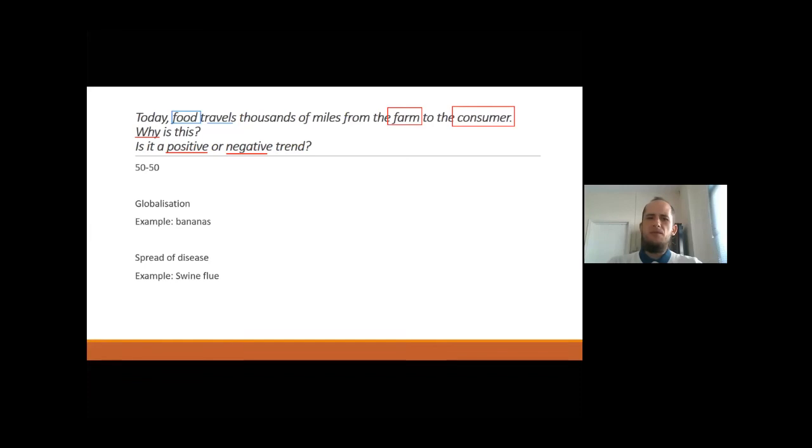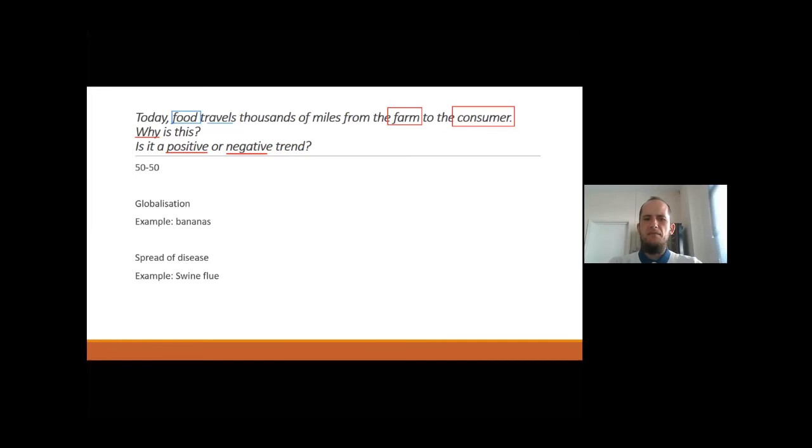So my example there would be the swine flu. So when I was living in China last year in 2018-19, there was a huge spread of swine flu. It actually killed more than half of the pigs in China. And Chinese eat a lot of pork.